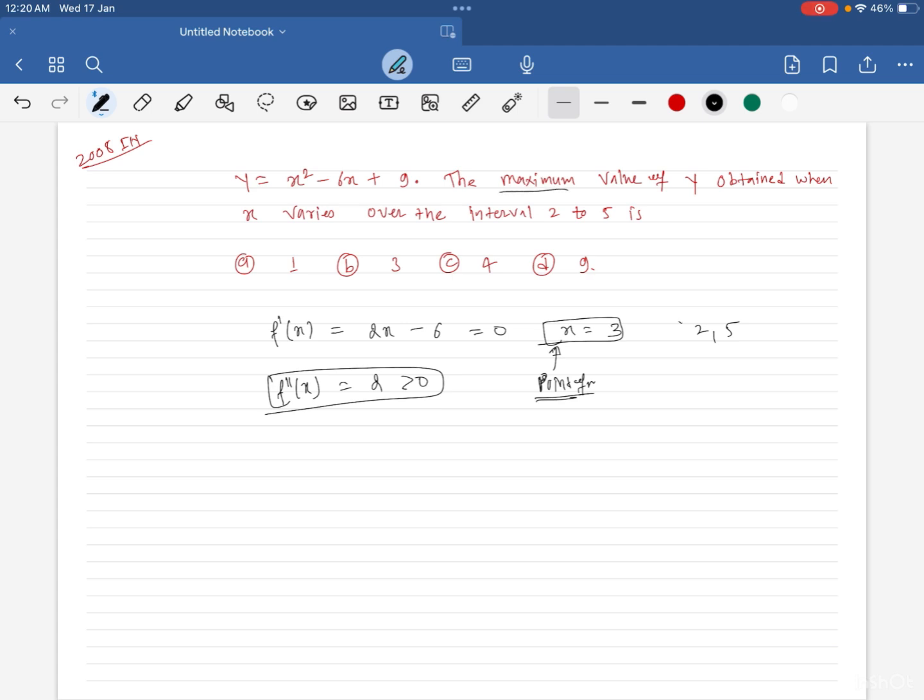So now that means we are going to get the maxima point at the boundaries.